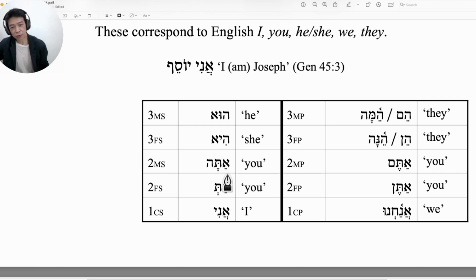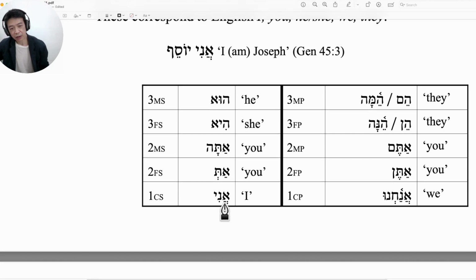For you, masculine, in Hebrew is ata. For you, feminine, is at. For I in Hebrew is ani.